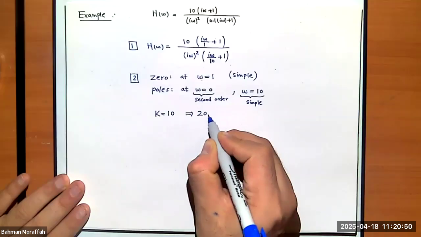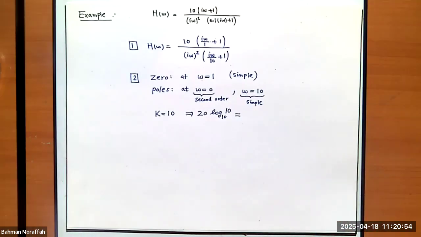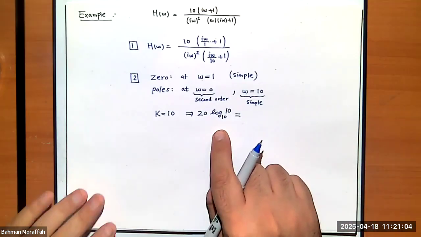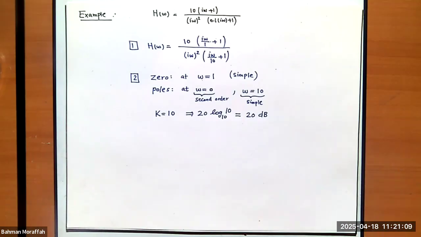So 20 times log 10 of this 10: log 10 of 10 is 1, because 10 to the power 1 is 10. Right? So log 10 of 10 is 1. So the whole thing over here is 20.